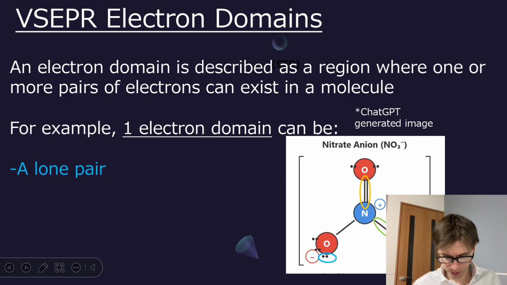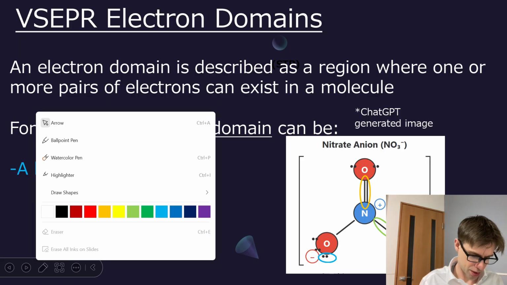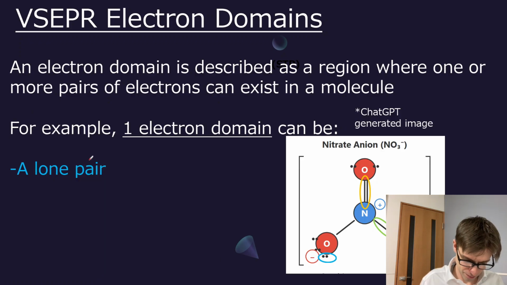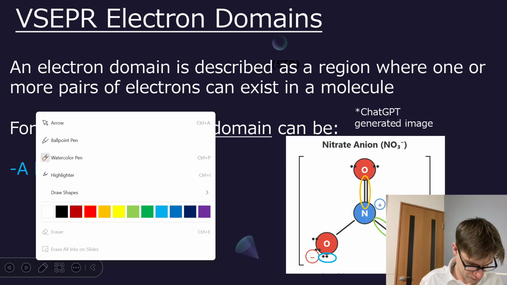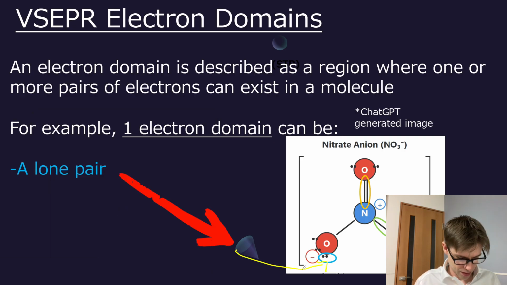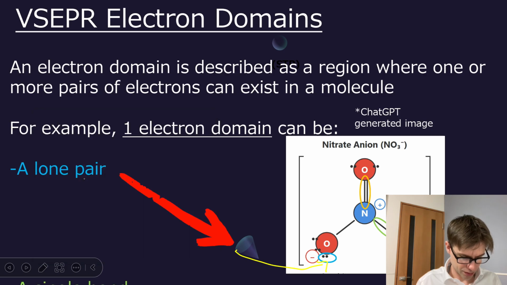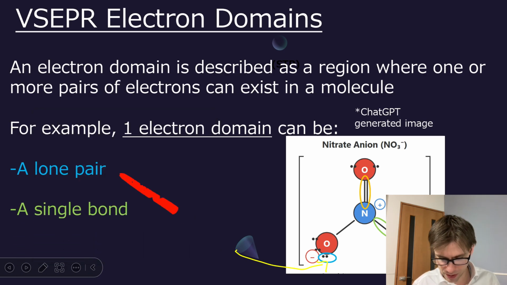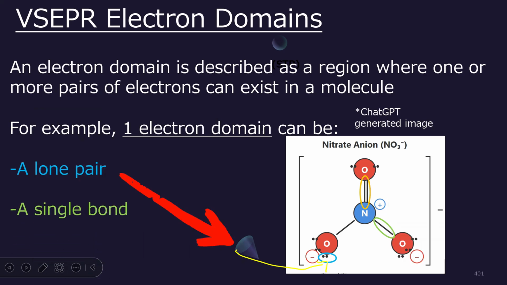I have one of those circled at the bottom of my diagram here. What else? An electron domain can be a single bond. That would be like my one black line on the right there. Or a double or triple bond.